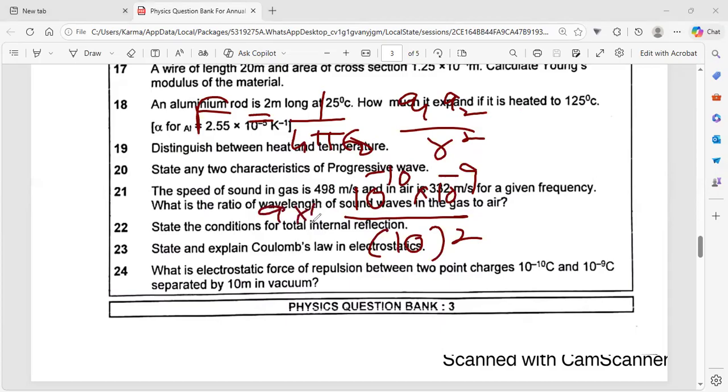And this is going to be 9 into 10 raised to 9, into 10 raised to minus 19, divided by 10 square. It's going to be 10 raised to minus 12 Newton. Of course, it's a very small force.